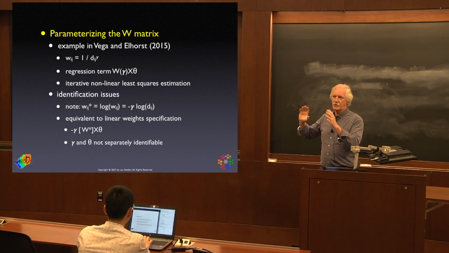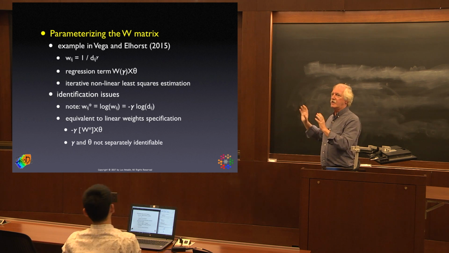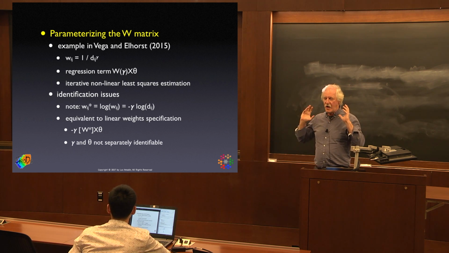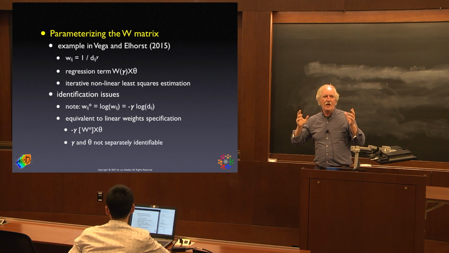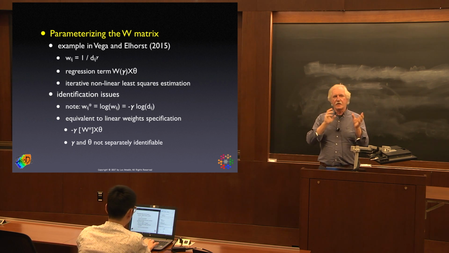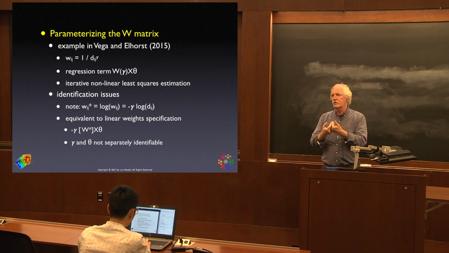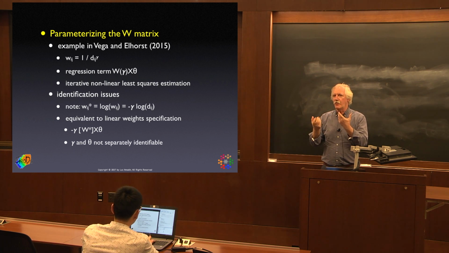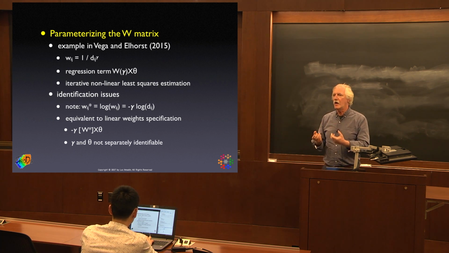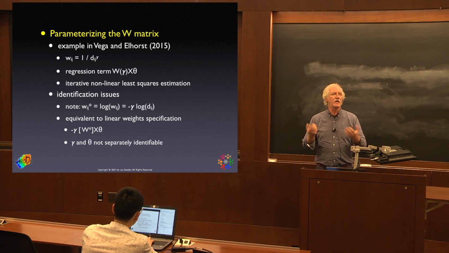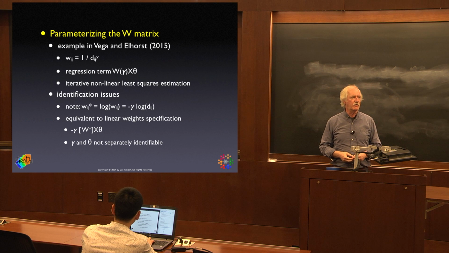Okay. So right off the bat, when you see this, your identification warning should go off. Anytime you see something that is a product of two things with parameters in both, you should be very wary. Is the data rich enough to actually let you identify both of these separately? Or can you only identify the mix, the combination of the two?